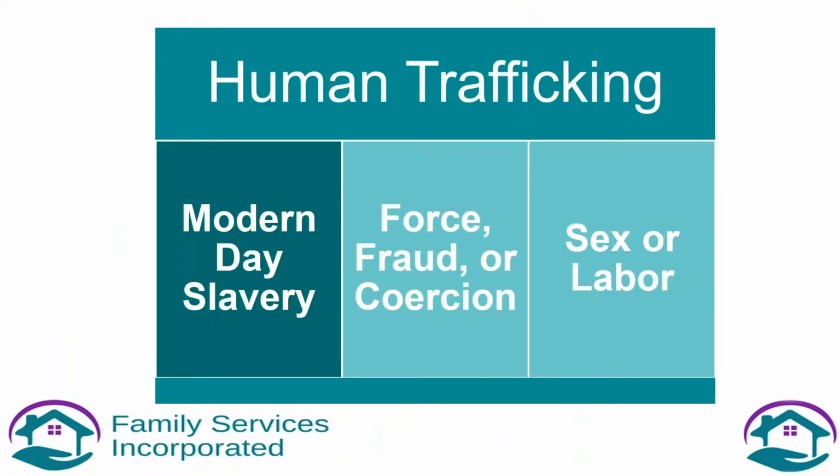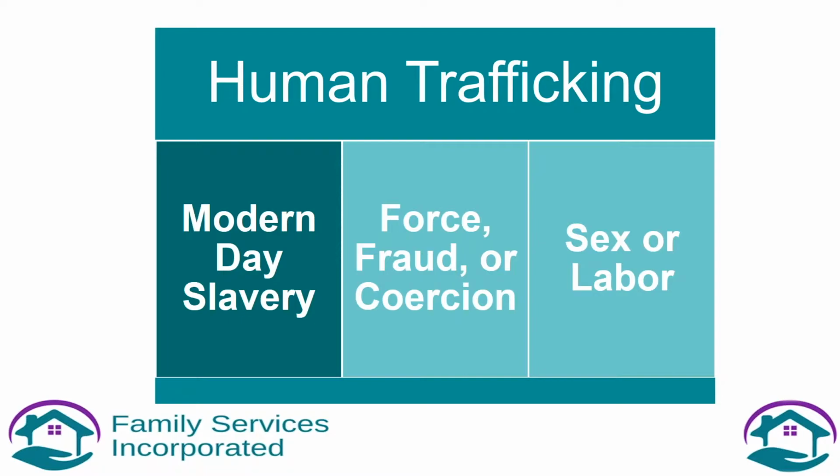So as we talked about previously, human trafficking is broken into two parts. We have sex or labor trafficking. Now, it does not matter whether we're talking about sex trafficking or labor trafficking. Both are considered modern day slavery, and both are gained through the use of force, fraud, or coercion.